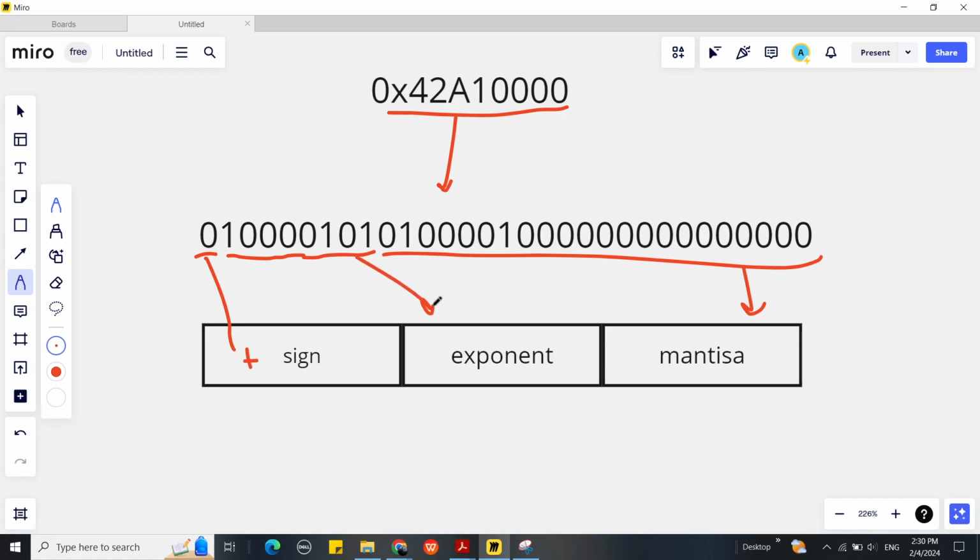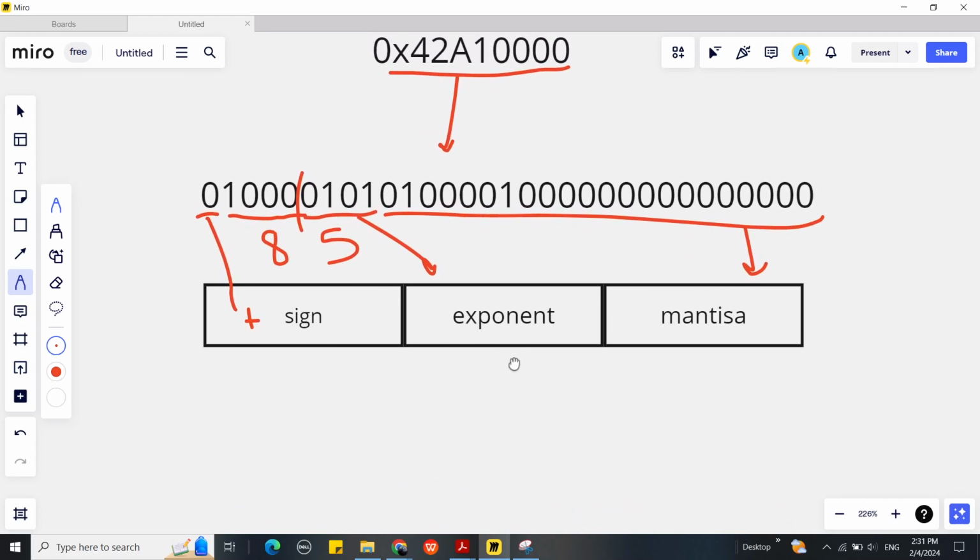So my exponent is 1000 divided: this 1000 is 8, and this 0101 is 5. So my exponent is 85, right? And remember, when we take the new exponent, we always subtract the original exponent, which is 7F, and the difference should be 6, right?